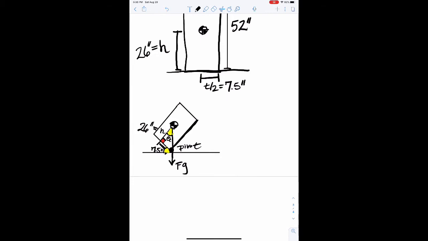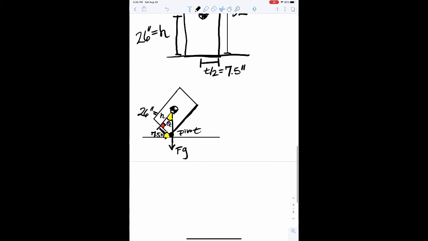And I think the question is asking us to solve for theta critical. So we know, just in general, theta equals tan inverse opposite over adjacent. So we can say that theta critical is equal to tan inverse of our opposite, which is 7.5 inches, divided by the adjacent, which is 26 inches.